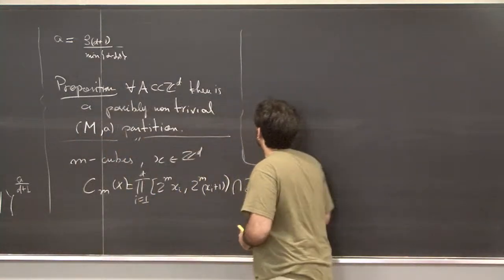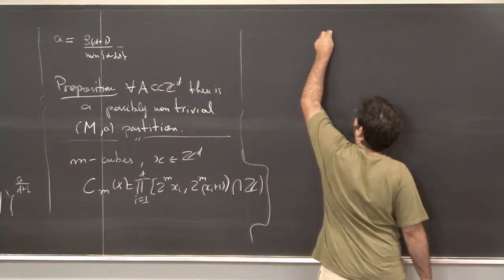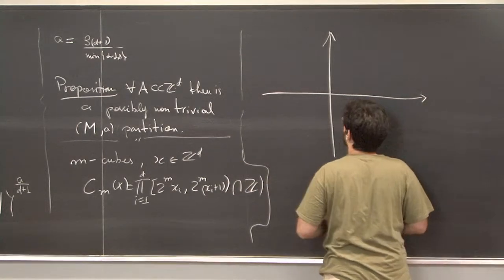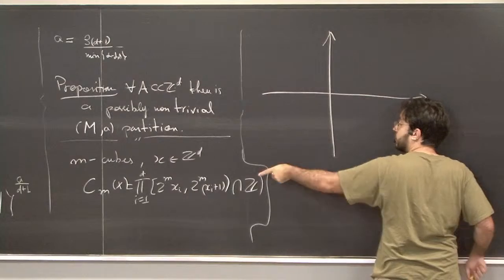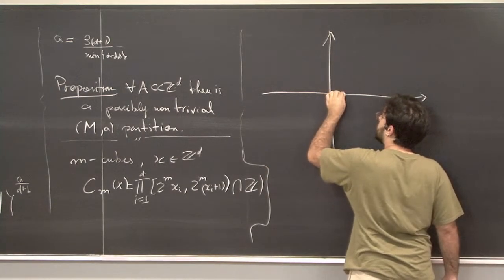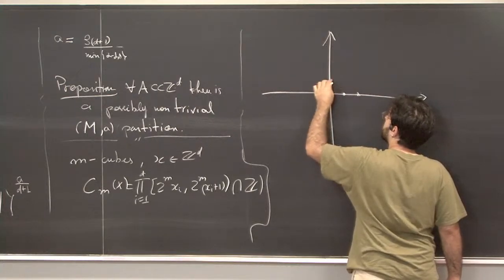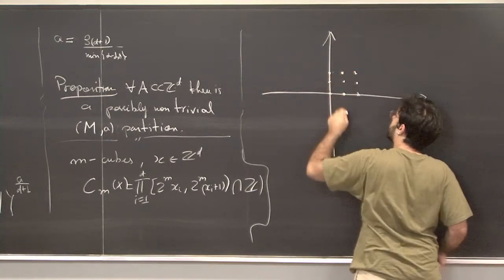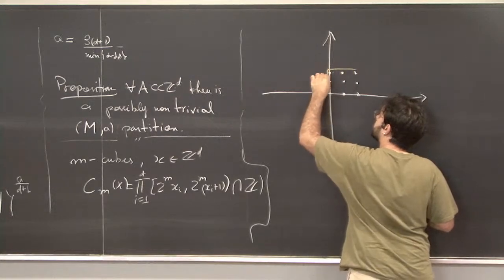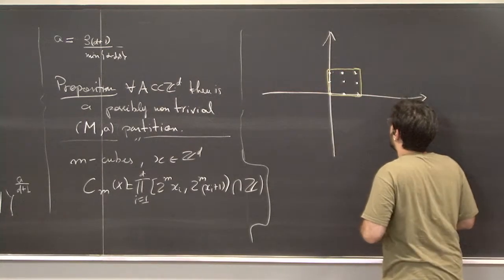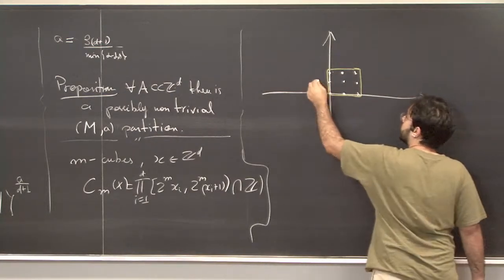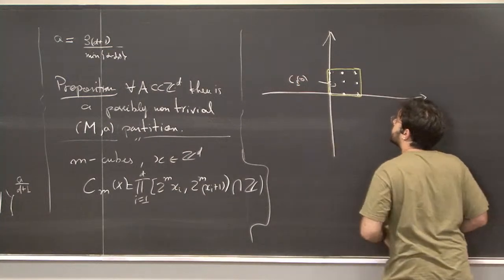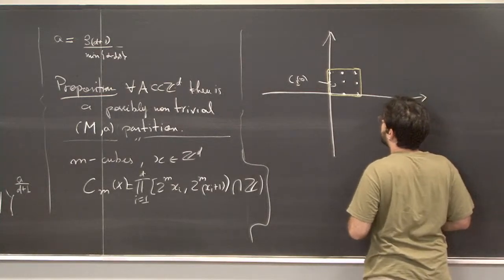So what this is doing again is the following. If you have Z^2, for instance, and then you take x equals to 0, what would be C_1(0) would be something like this cube, and then this is C_1(1,0).